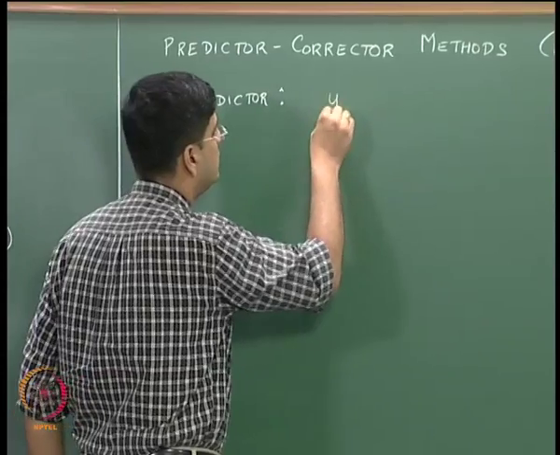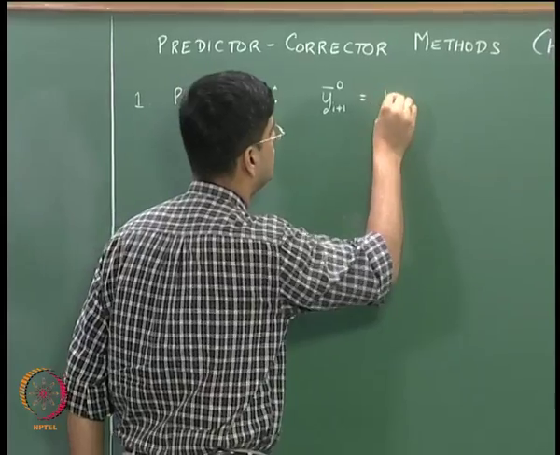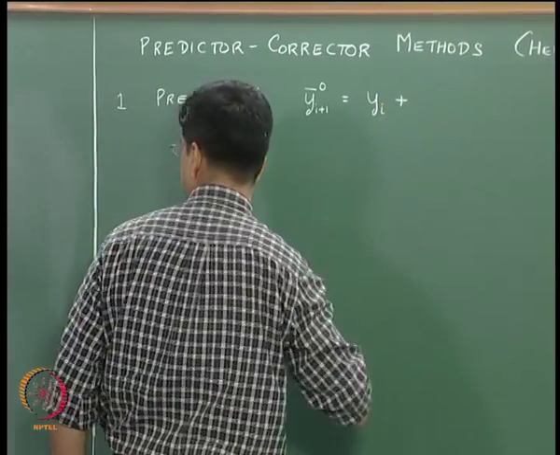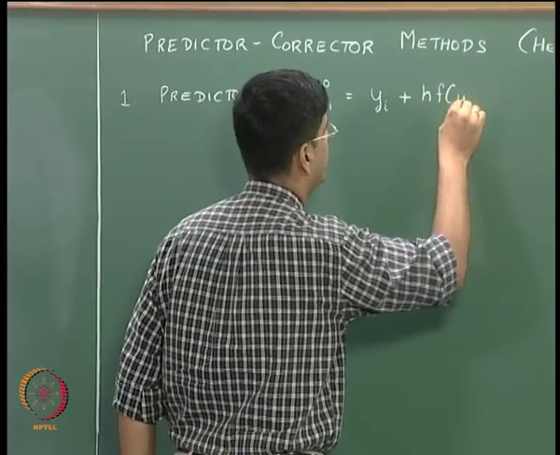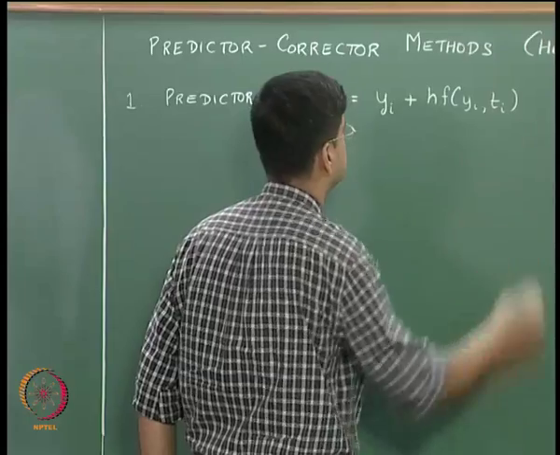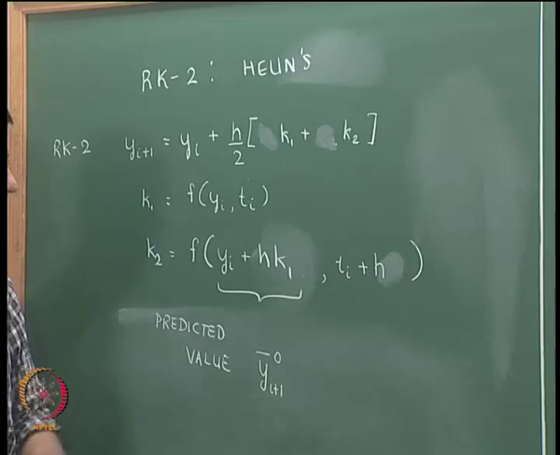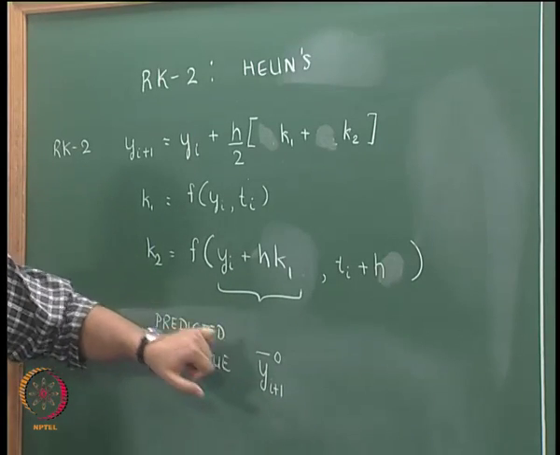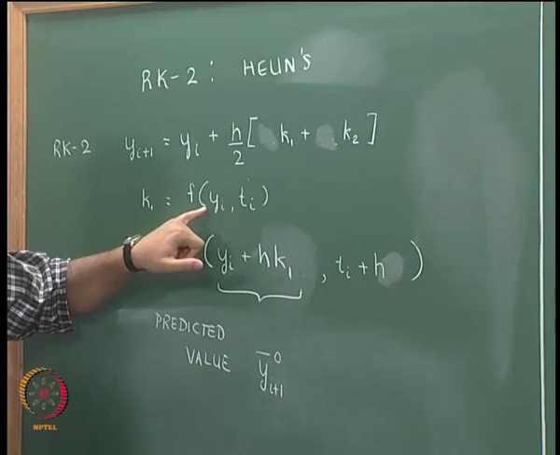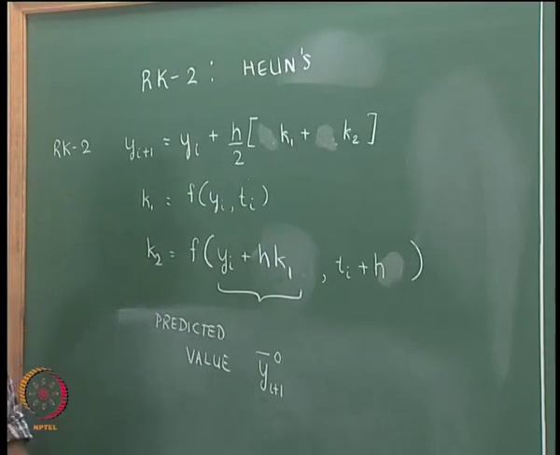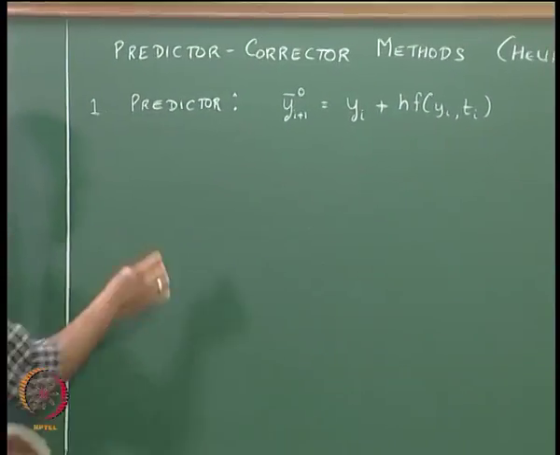So, our predicted value y bar i+1 superscript 0 is going to be equal to y i plus h multiplied by f of y i comma t i. If we go back and see what our y bar 0 was, it was nothing but y i plus h times k1, where k1 was nothing but f of y i comma t i. That is the predictor, the same equation written in a slightly different form.